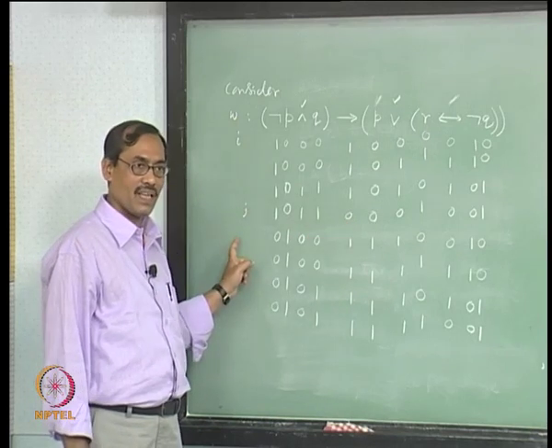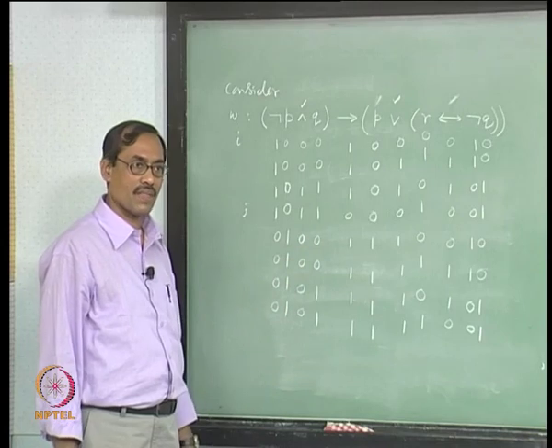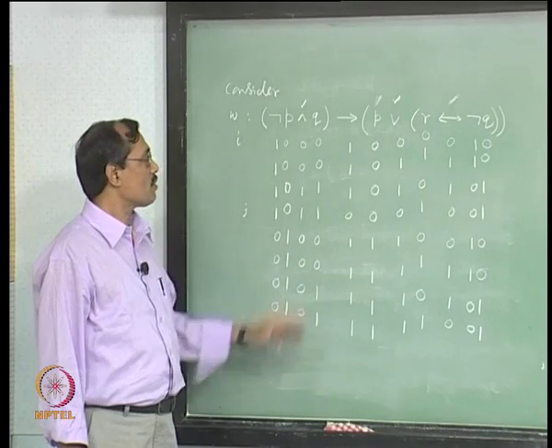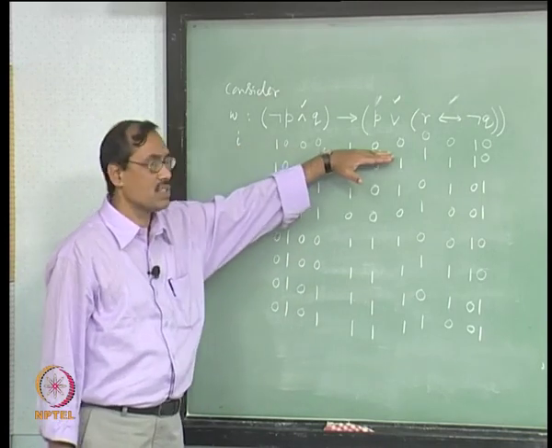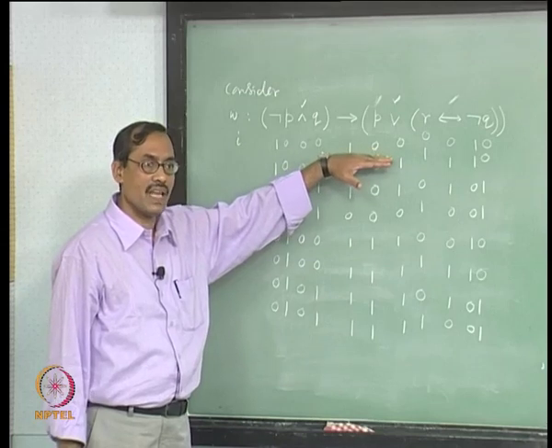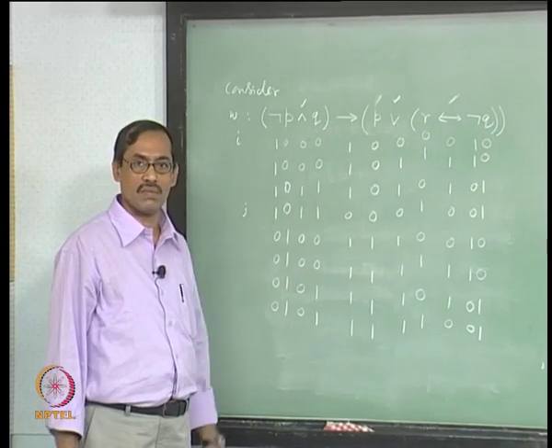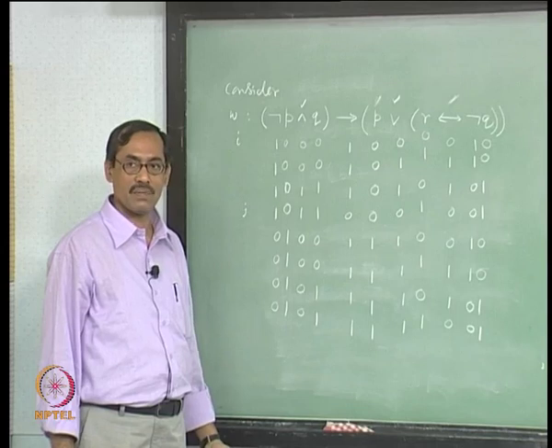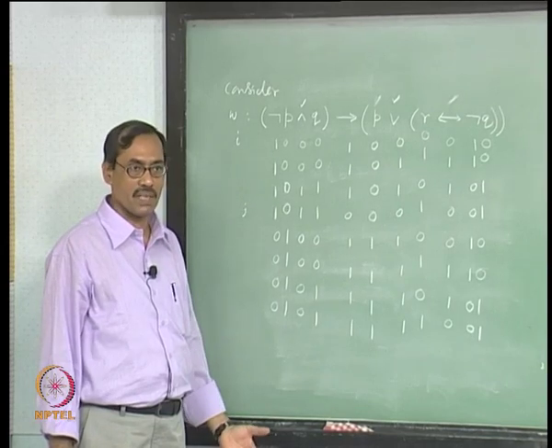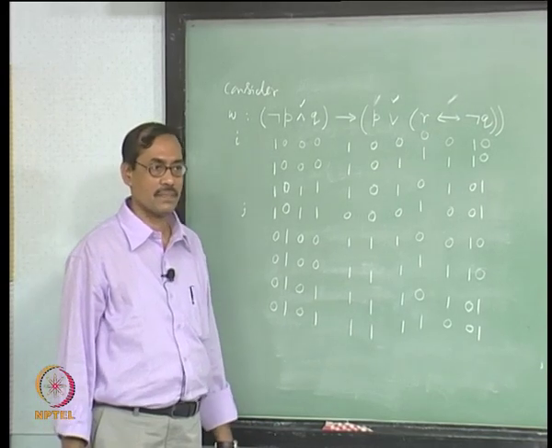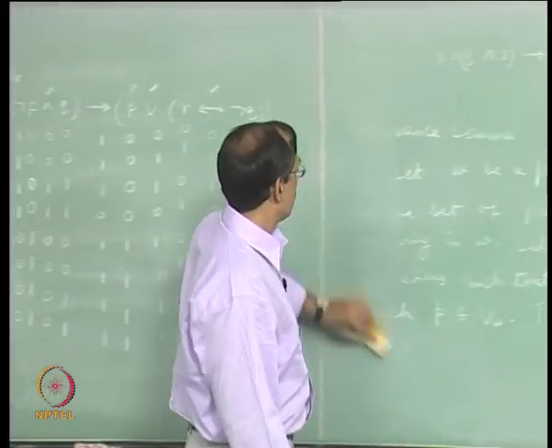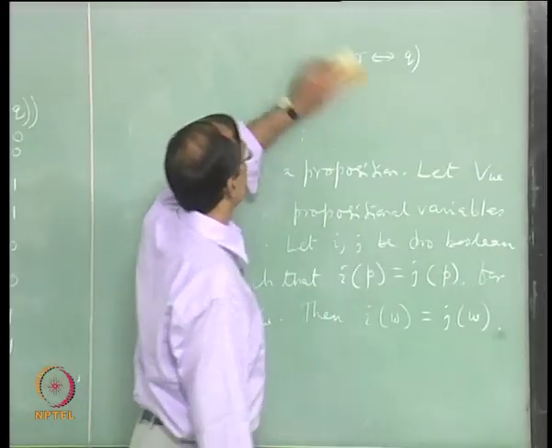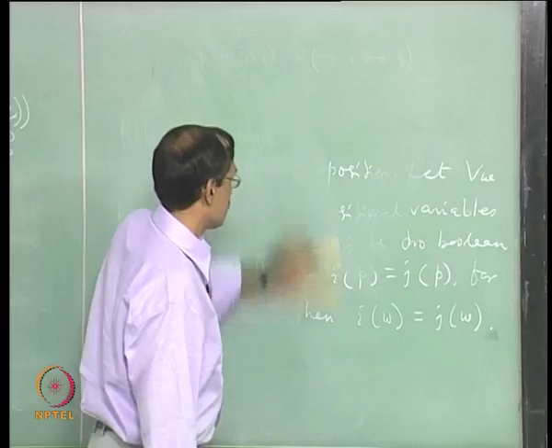For example, J does not satisfy W, fine. So what we say is I satisfies W, there exists one such I, therefore W is satisfiable, it is satisfied under some interpretation, fine.